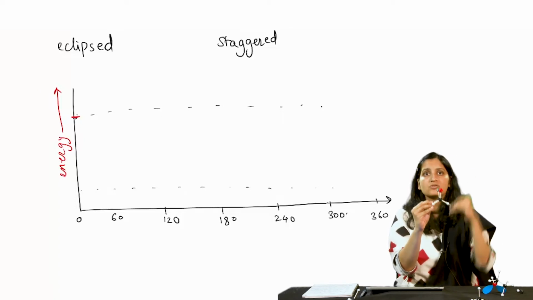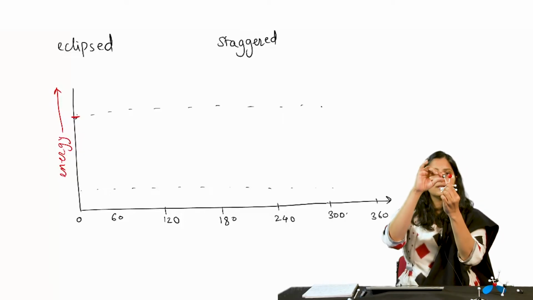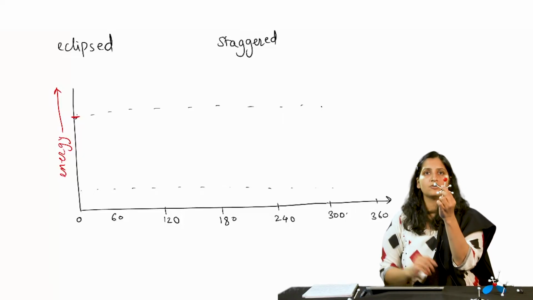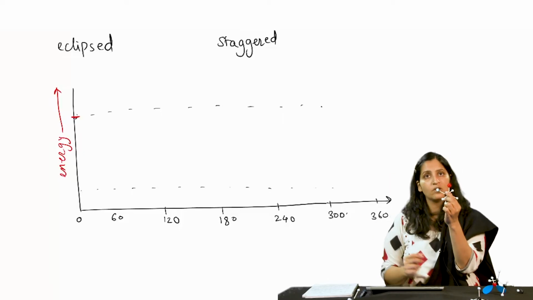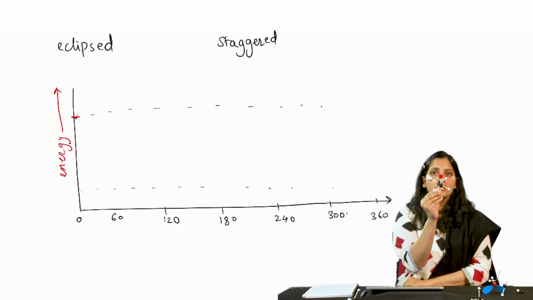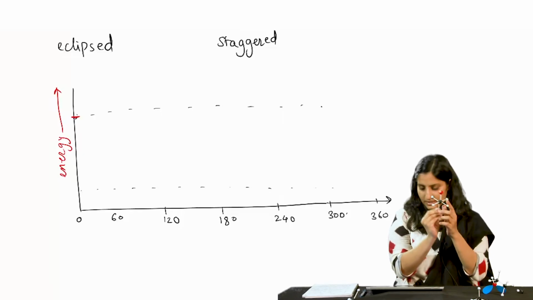It is eclipsed, so it is 3 kilocalories more in energy. As I slowly rotate this back hydrogen, which is green in color, the dihedral angle between the red and the green one is now 60 degrees. At 60 degrees, the molecule is in a staggered conformation, which is lower in energy by 3 kilocalories.